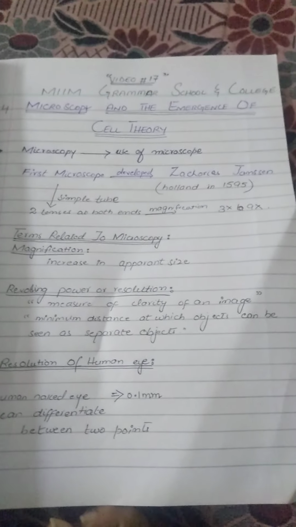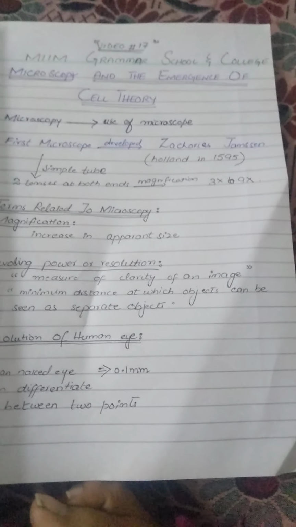And resolving power is the measure of clarity of an image, that is, how much an image is visible or clear. It is the minimum distance at which objects can be seen as separate objects.